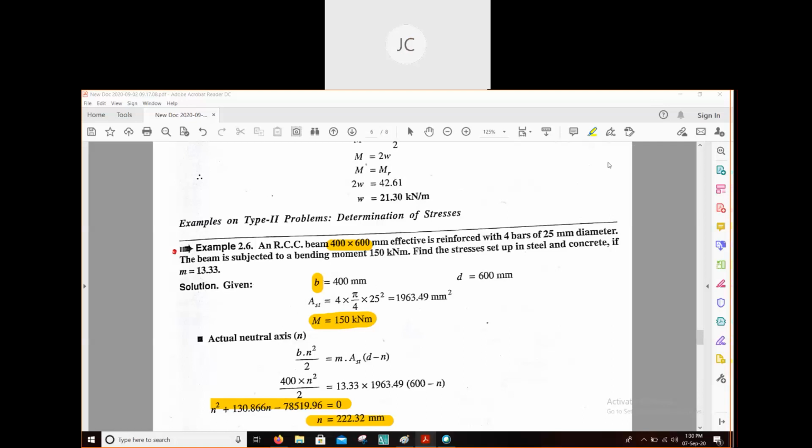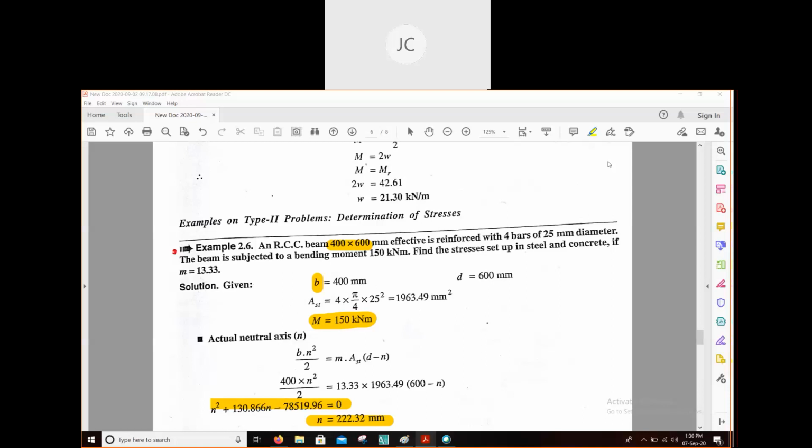Yes, I told you in the first class while explaining what is a balanced section, what is under reinforced, what is over reinforced section, that we will always go for an under reinforced section because a balanced section is not actually possible, and we will never go for an over reinforced section. So in this question, since nothing is mentioned, we have to consider that our section is under reinforced.